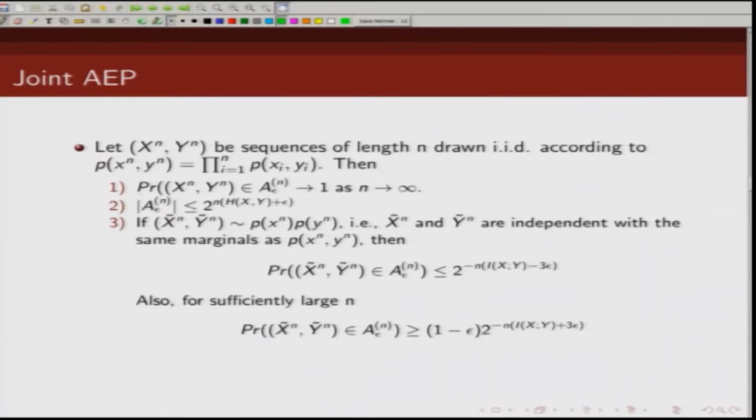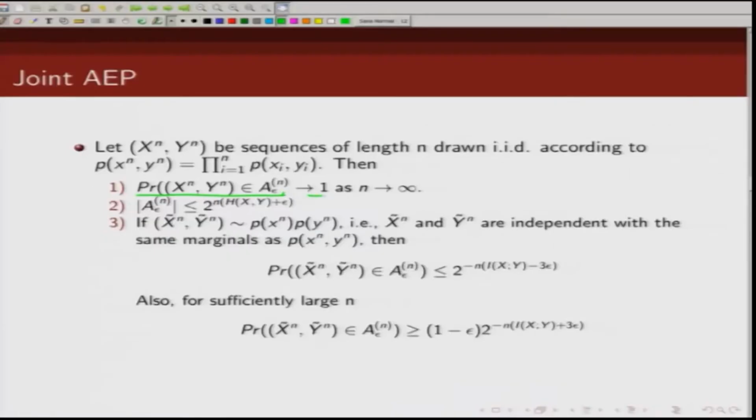The probability that x^n and y^n belong to the joint typical set approaches 1 when the length of the sequence n is very large.